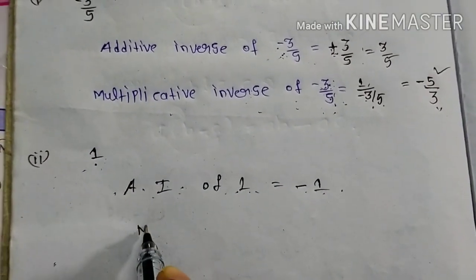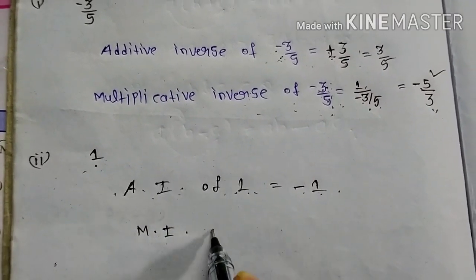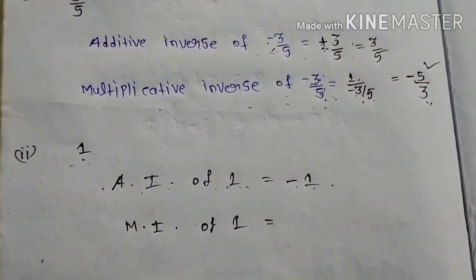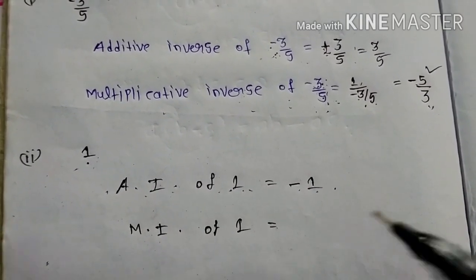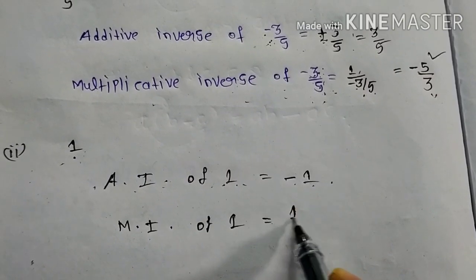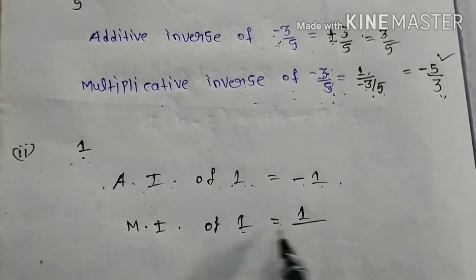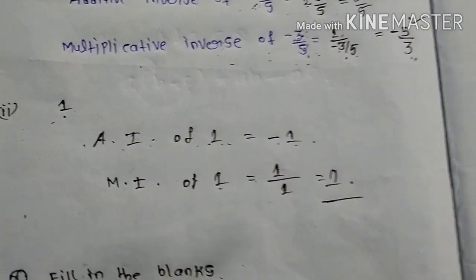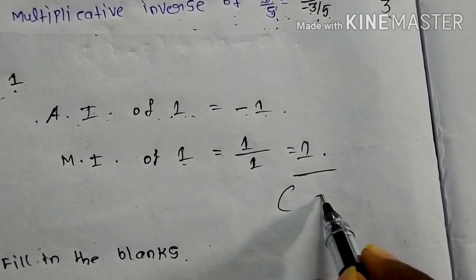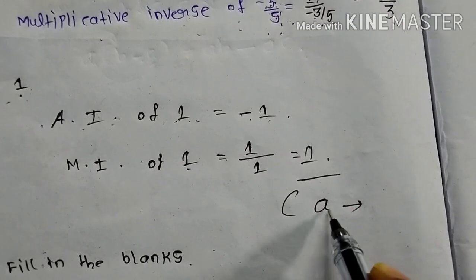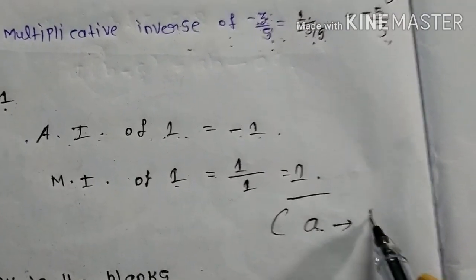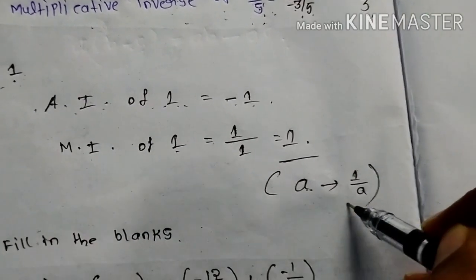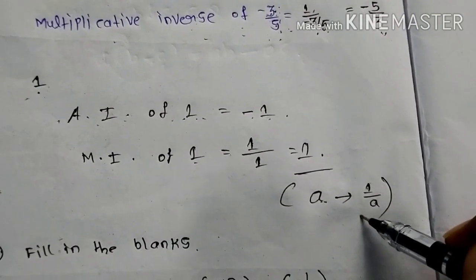Next, the multiplicative inverse of 1. Just now I told you, for any rational number, you write 1 by the number. Your number is 1, so 1 by 1 is 1 only. You have to remember the formula: the reciprocal of A is 1 by A. We learned this kind of formula in the properties.